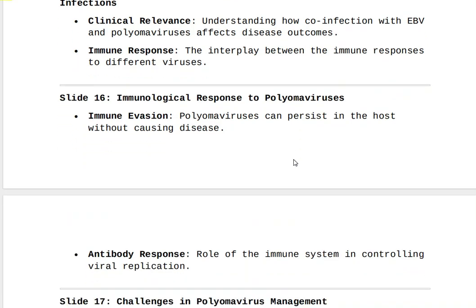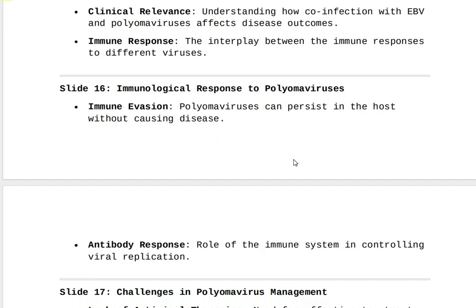Immune response: the interplay between immune responses to different viruses. We have to investigate whether the combination of viruses during infection can affect the severity of the condition.